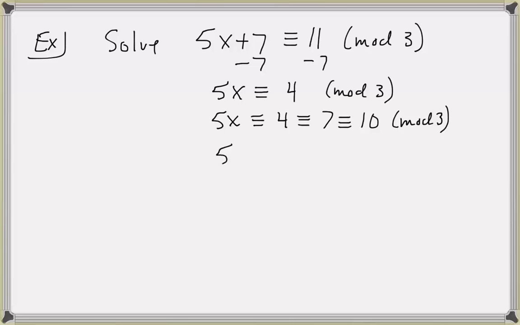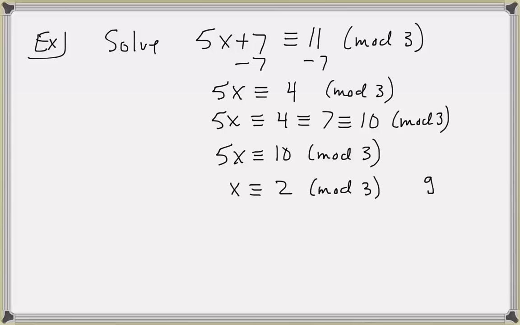So in the expression 5x is congruent to 10 mod 3, I can now divide both sides by 5, or cancel a common factor of 5, to get x is congruent to 2 mod 3. Again, I can do this because the greatest common divisor of 5 and 3 is 1.